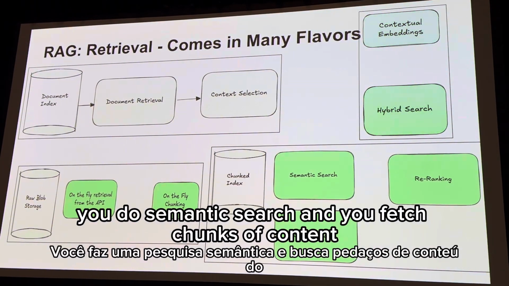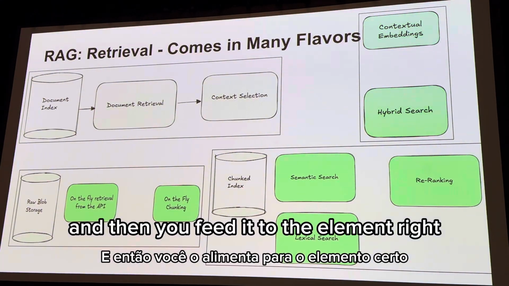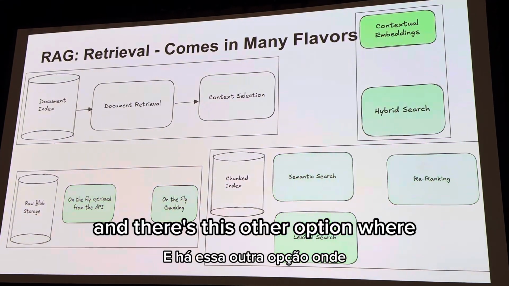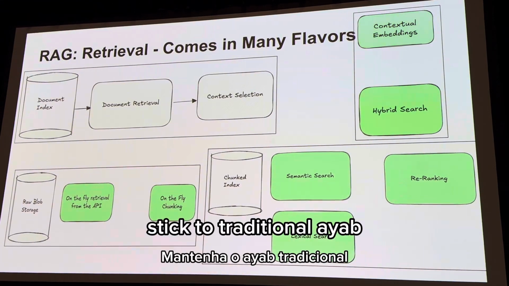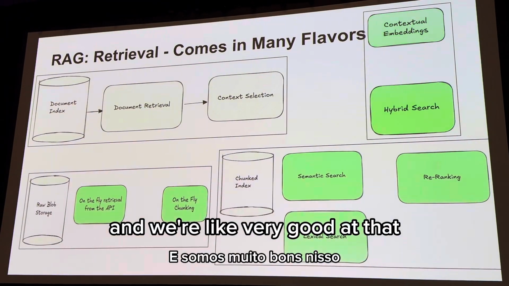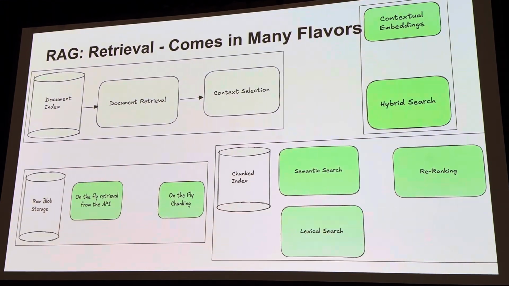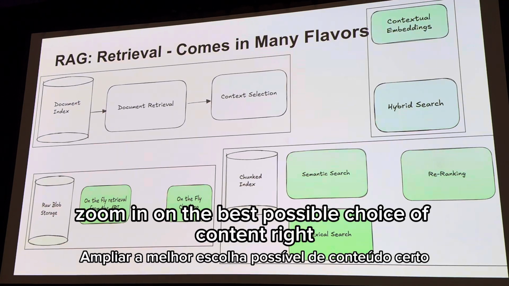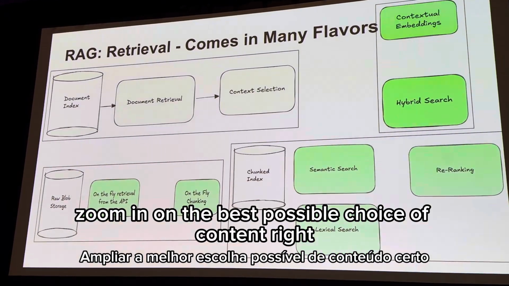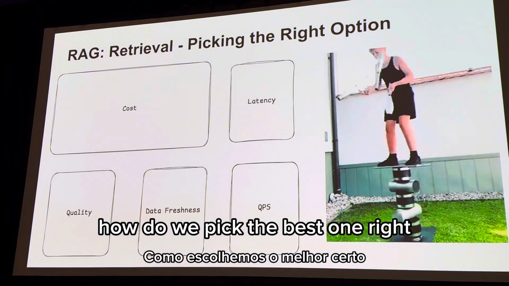When a query comes in, you do semantic search, fetch chunks of content, and then feed them to the LLM, right? There's also another option where a lot of people stick to traditional IR, because we have already built those systems and we are very good at that. That's followed by chunking and re-ranking on the fly to zoom in on the best possible choice of content. So with so many options to choose from, how do we pick the best one?